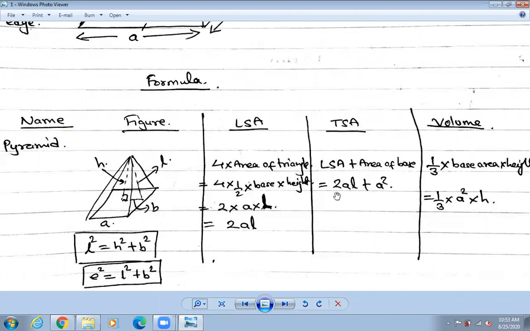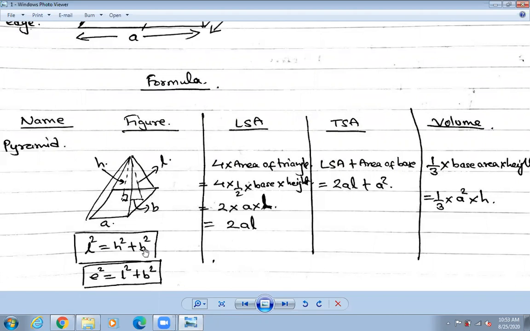But if only volume is asked, we only need H. If LSA or TSA is asked, we only need L. Because always remember, when a right angle triangle is given, they never give you an easy question. From H, L and B we have the Pythagoras theorem: L square equals H square plus B square, as I said before. Out of the three, two are given, and we need to find the remaining one.